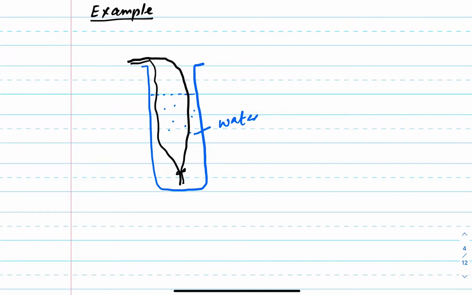A whisking tubing is a tube made from a very thin cellulose membrane.